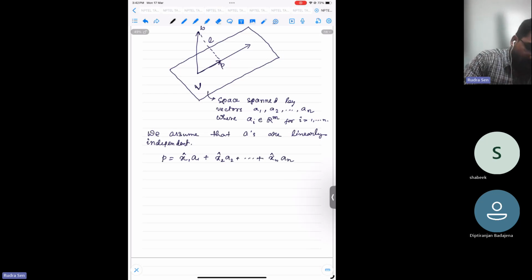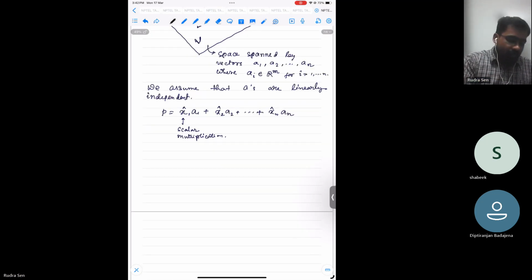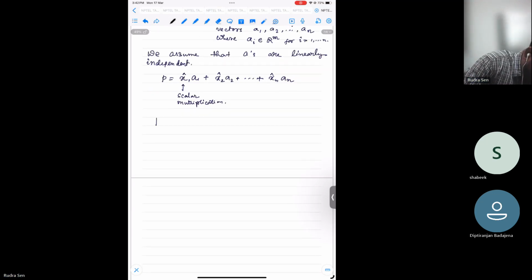So these are scalar multiplication. Don't forget this a1 looks like a11, a12 up to a1m.